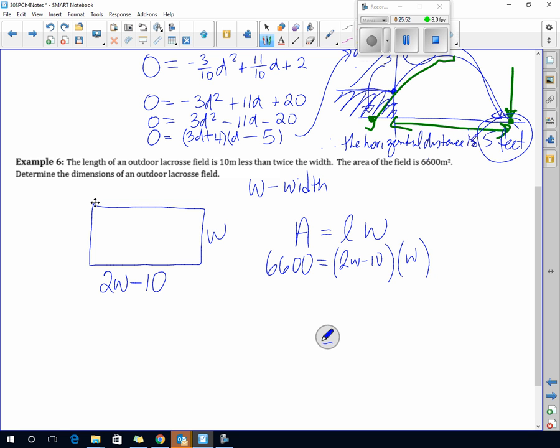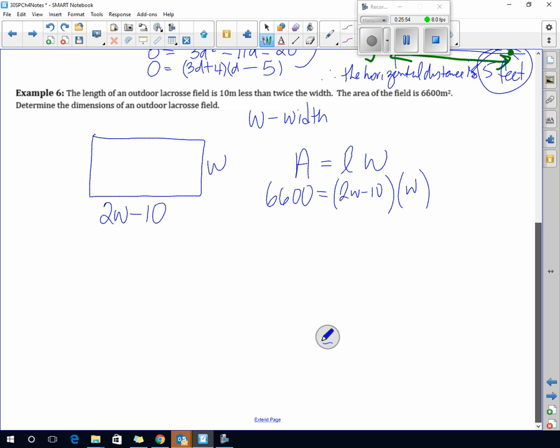You need to multiply it out and move that 6,600 over to the other side. So I'm going to do it in 2 steps here. If I multiply this out, I get 2W squared minus 10W. If I move this over, I get 2W squared minus 10W minus 6,600.